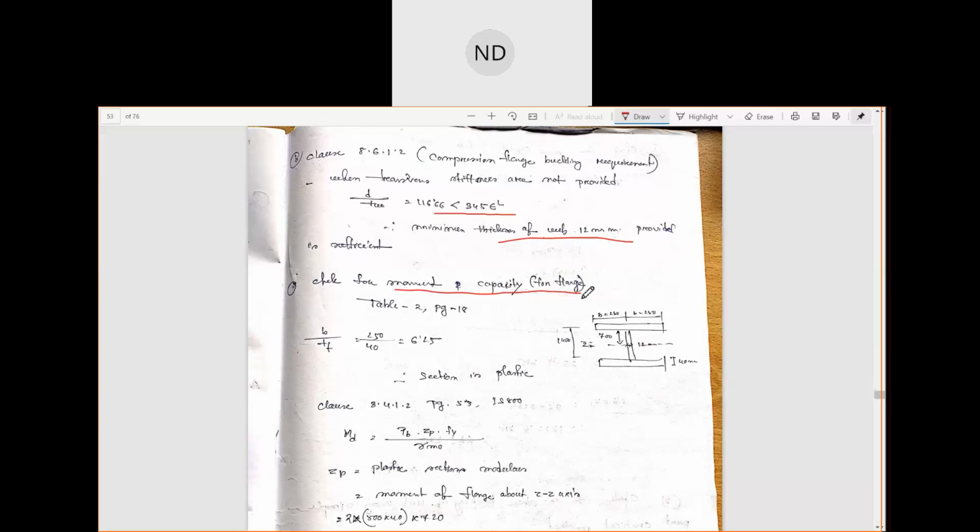In table 2, page number 18, we know b by tf. The width of the flange was how much? This one was 500.